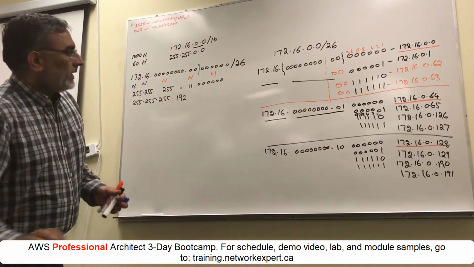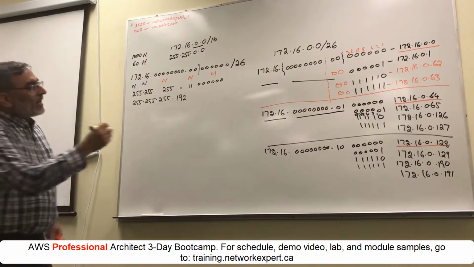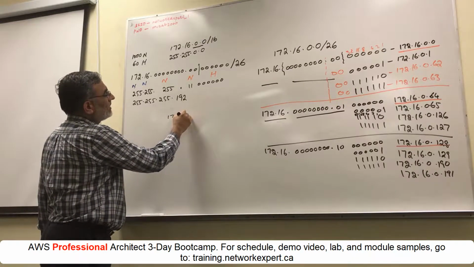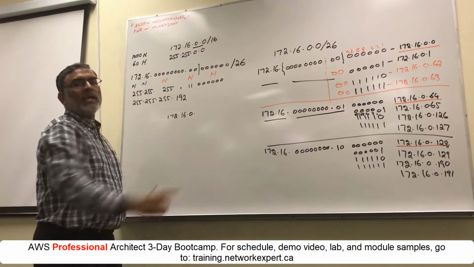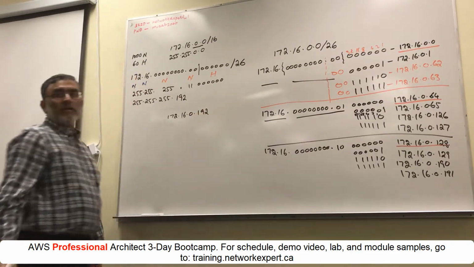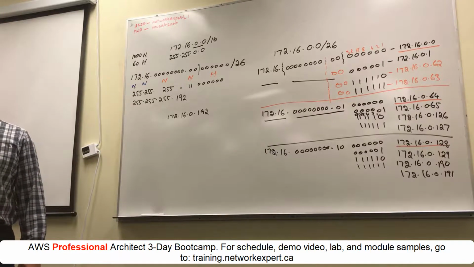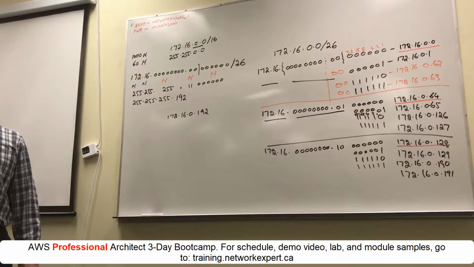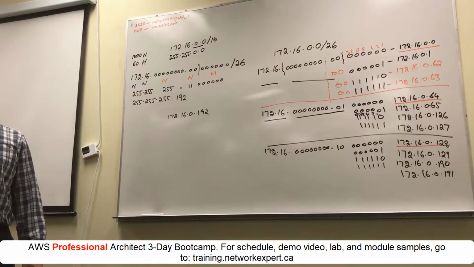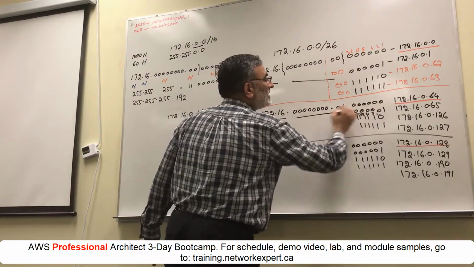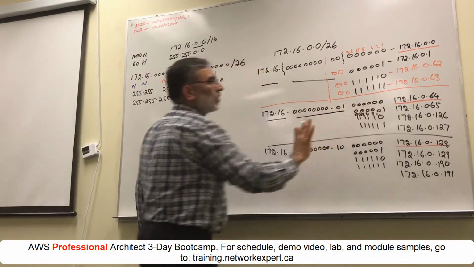So what will be my next subnet address in that case? 172.16.0.128 plus 64 will be 192. Okay, that will be my next subnet address. So 192 plus 64 becomes 256. Yes. Okay, so that means we'll basically have all ones here.